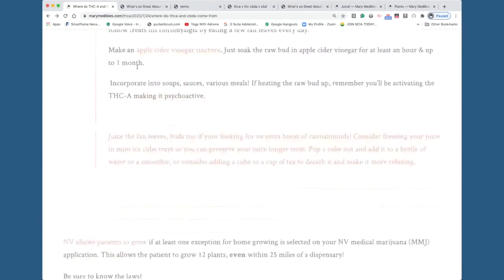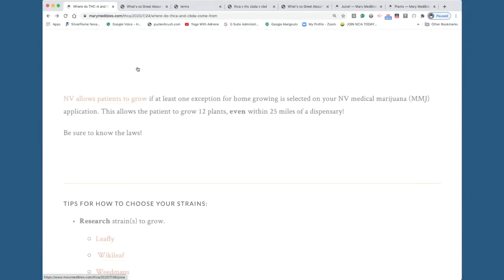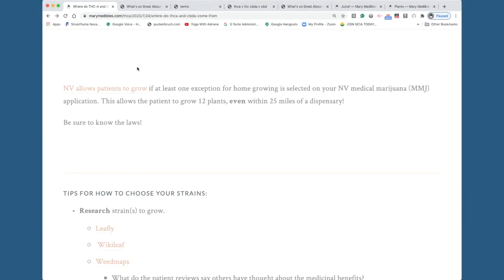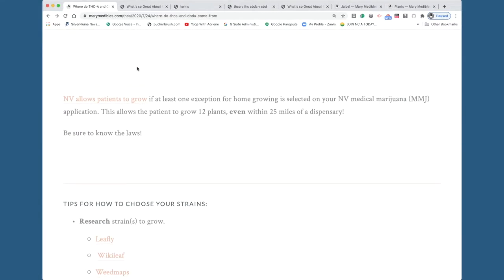But if anybody wants to grow, is anybody looking to grow? I will take that as not necessarily. But in Nevada it is legal to grow if you have a medical marijuana card, an MMJ card.